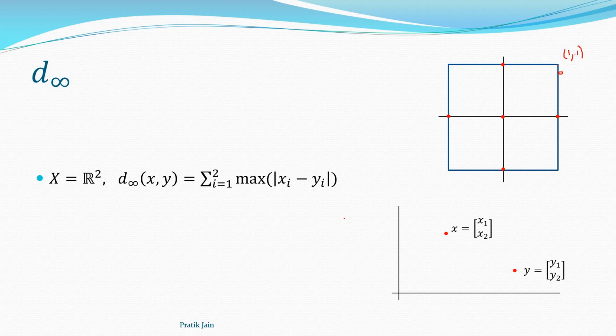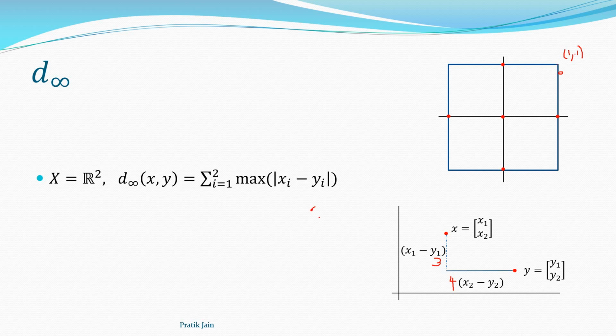Now how will d infinity look as we have compared the others? So d infinity looks at the maximum distance. If you have 2 points x and y over here, whichever is the longest, that is the distance for d infinity, right? So in our previous example we used 3 over here and 4 over here, and then there was 5 over here. So we see 4 is longer, and hence the d infinity distance is 4.